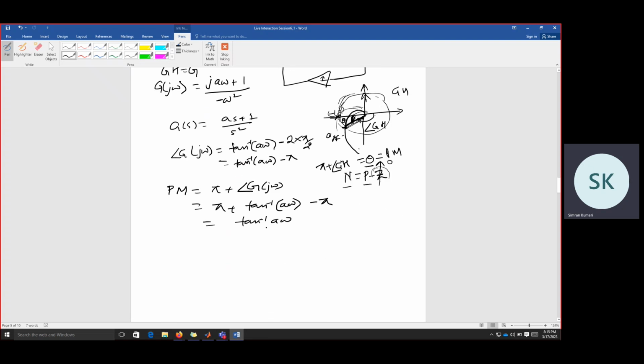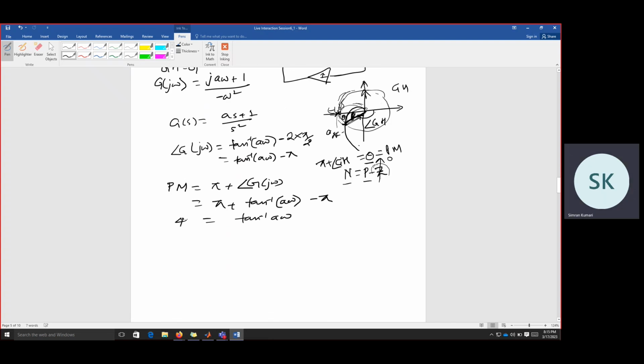Which is 45 degrees. So this is equal to 45 degrees. So what is A omega? A omega will be tan 45 degrees, which is 1. So this means this omega, which is the gain crossover frequency, will be 1 by A. Okay, so we know this much.